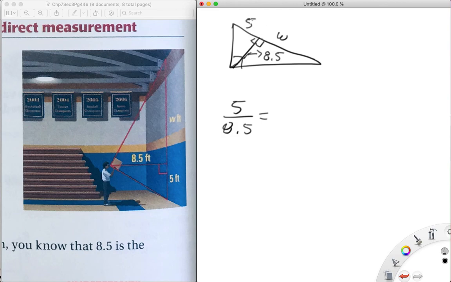So short leg of the small over short leg of the medium is the same thing as the long leg of the short over the long leg of the medium.